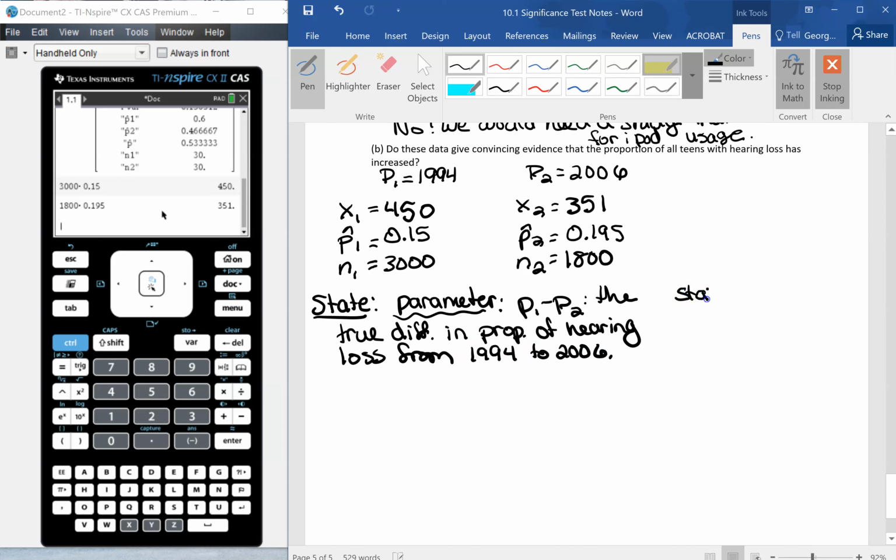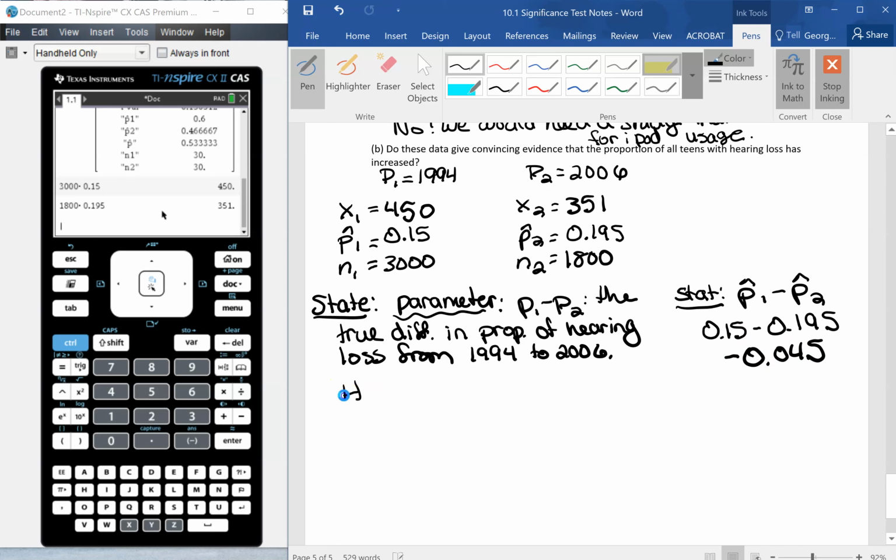For the statistic, that would be p hat 1 minus p hat 2. We just found out that p hat 1 was 0.15, p hat 2 was 0.195. So when we subtract that out, we're going to get negative 0.045. Negatives are okay. Don't let that freak you out.